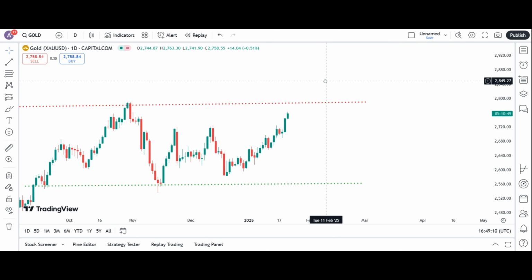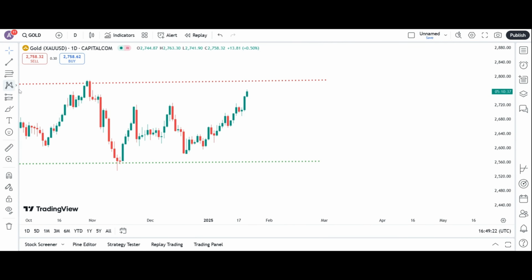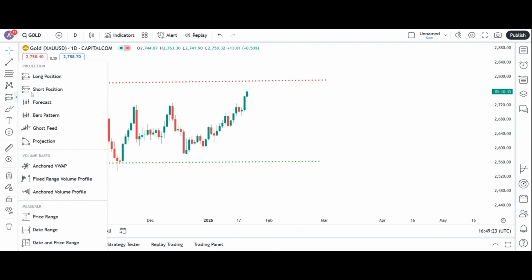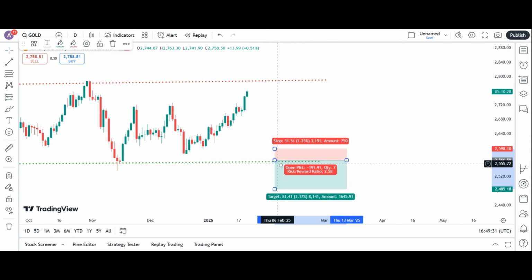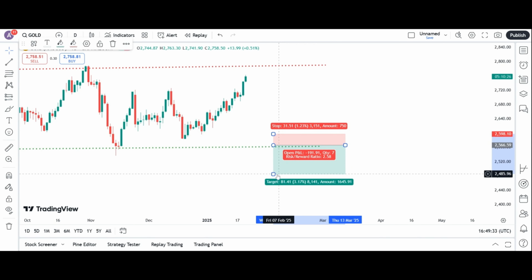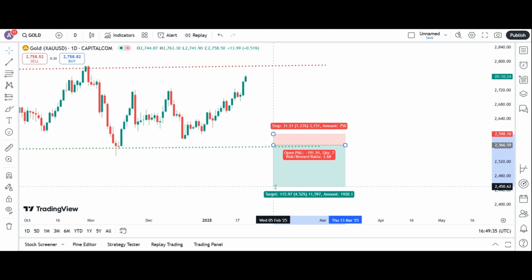And the third scenario is the price breaks out the support level and goes lower and lower, and in this case we should go for a short position. For example, if the price breaks out the support zone from here, we will go for a short position, in this case with a target to stop loss ratio of 1.